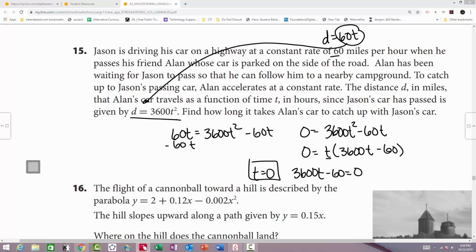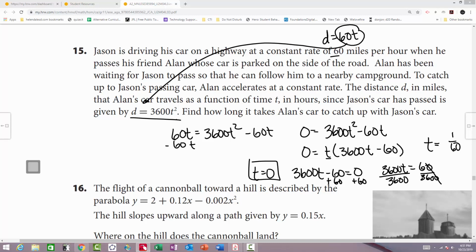This next one is how long it's going to take for Alan to catch up with Jason. So I'm going to go ahead and add 60. So now I've got 3,600 t equals 60. Divide by 3,600 and reduce, and I get t is equal to 1/60th. 1/60th of a second.